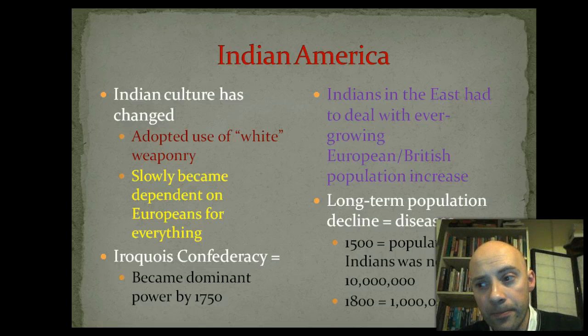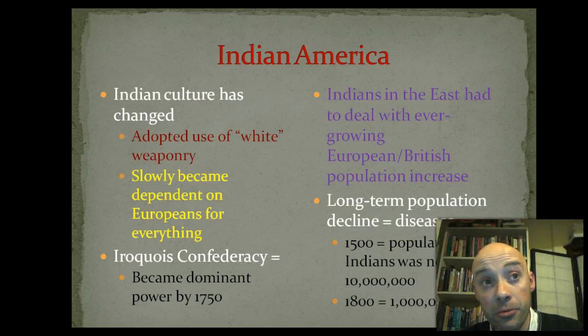Once they interact with the white settlers, they use white weaponry, guns, riding in a battle on horses, using metal weapons instead of wood or bone or stone weapons. They also began to develop a hunger for European goods, European trade goods, European consumer goods, especially among the Indian elite.